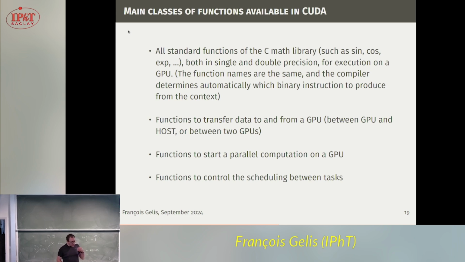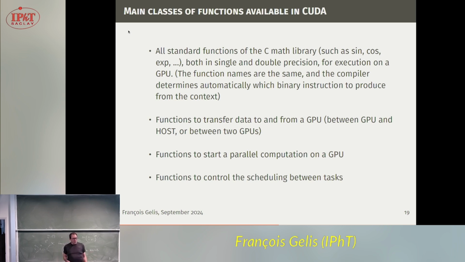There are many of them, both in single and double precision. So they have the same names as their counterparts in normal C or C++, so the sine is called sine. The only thing is that depending on the context, typically what kind of function it appears in, the compiler will determine whether it needs to produce the binary function for the CPU or the binary function for the GPU.